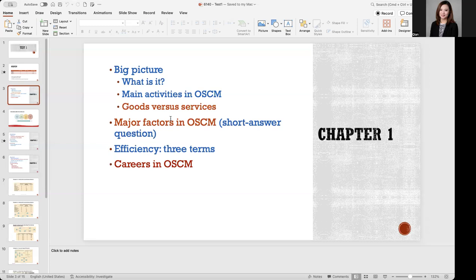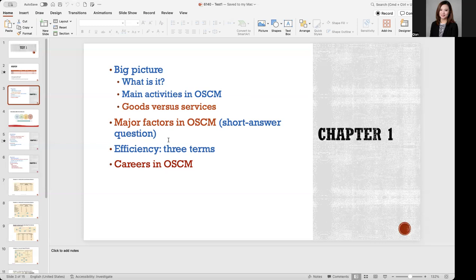So at least 2. And the second part you need to review for chapter 1 is the major factors. This part is also related to the short answer questions. You need to take a look at the history map I gave you and get a sense of the main important factors in operations and supply chain that managers focus on, even across time.